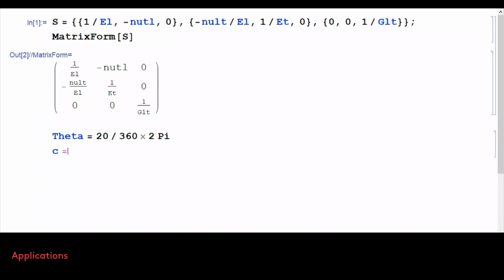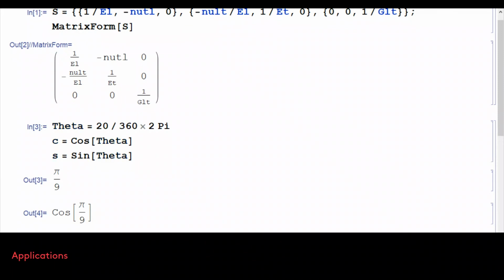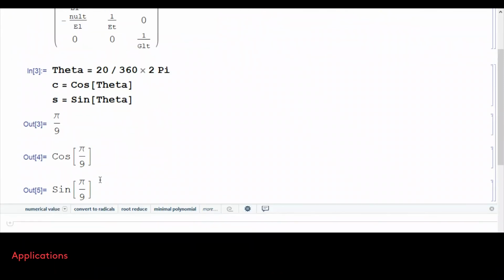C is equal to cosine theta, and S is equal to sine theta. I will leave it so.